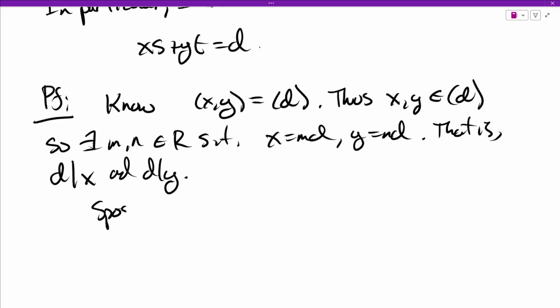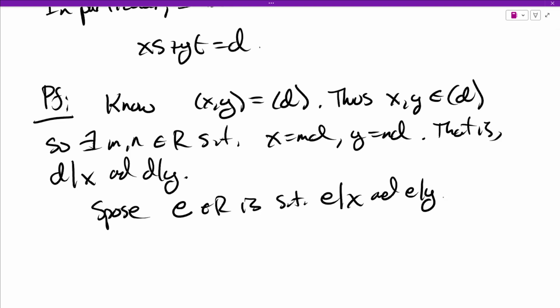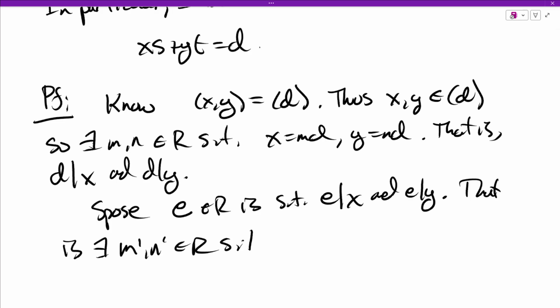So let's suppose that e in R is such that e divides x and e divides y, which is to say there exist some m prime and n prime in R such that x is em prime and y is en prime.